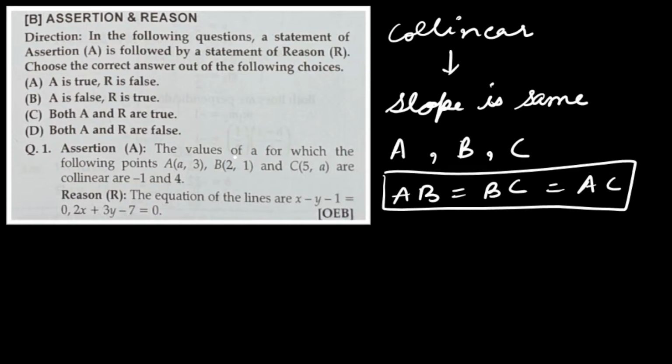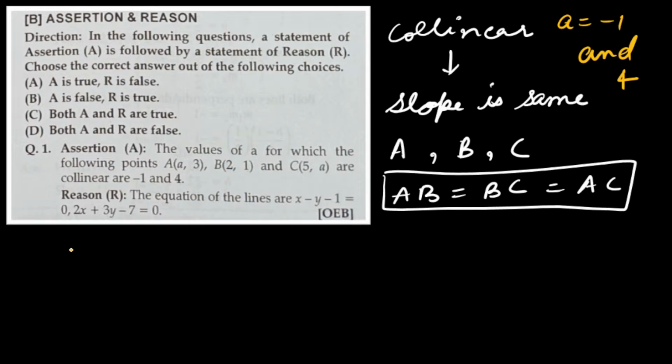So if the points are collinear, then the value of a they have given us is -1 and 4. So we have to check it. First of all, we'll use the slope formula to find the slope of AB.